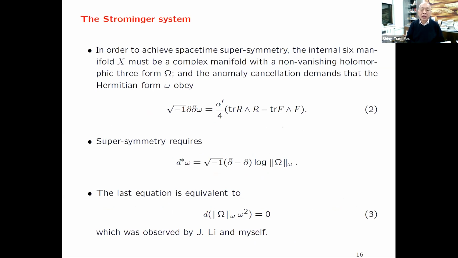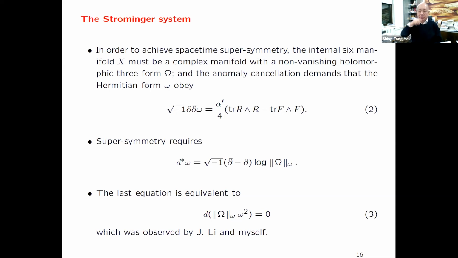So we can rewrite that equation as i ∂∂-bar omega equal to this equation 2. The previous equation with H can be written this way. The supersymmetry turns out to require this d* omega to equal to this equation. This was written down by Strominger. It was observed by Jun Li and myself that it's much better to rewrite the supersymmetry equation as equation 3.